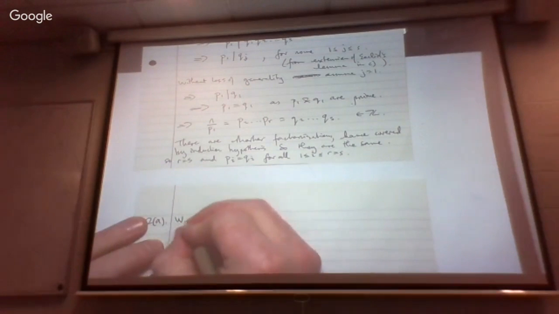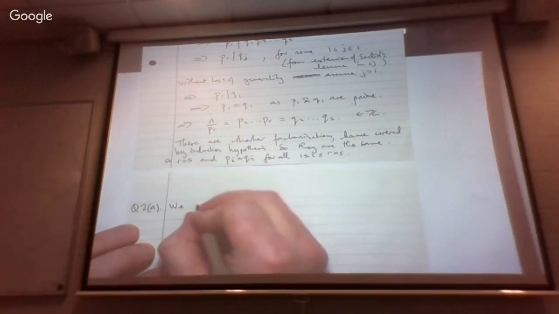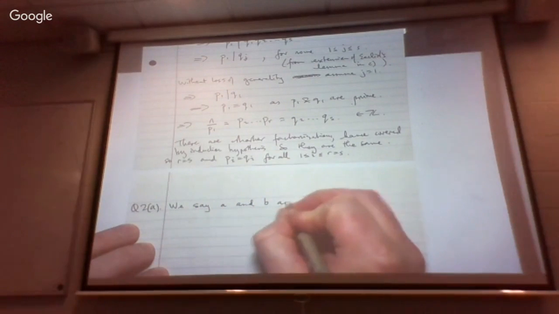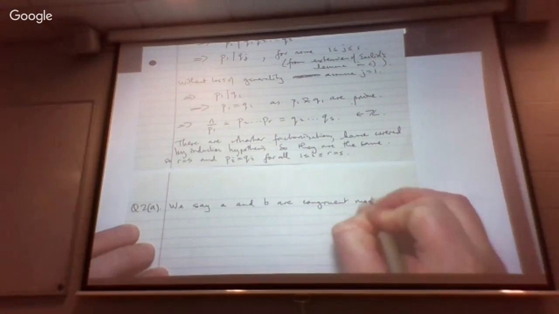So 2a, again, kind of similar start to this. Carefully state the definition of the congruence relation. How does this relation relate to the remainders left when a and b are divided by n? Okay. So again, we say a and b are congruent modulo n.